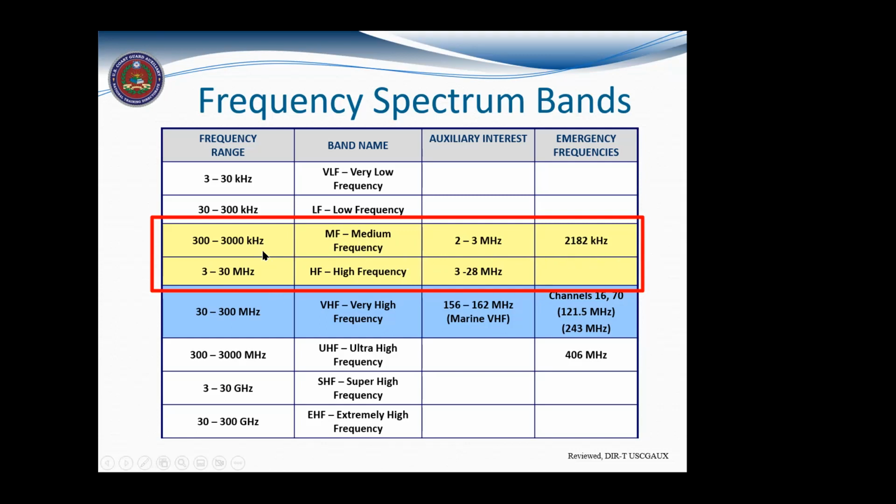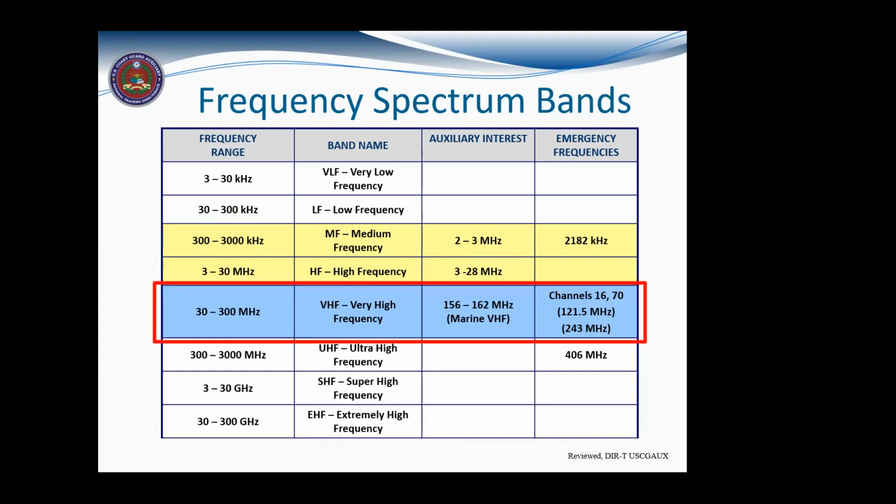We'll be talking about that similar band using new technology with the single sideband radios. The newer radios, the very high frequencies from 30 megahertz to 300 megahertz, would include the VHF channels of 6, 16, 22 alpha, and the channels we're most familiar with in the marine band now.